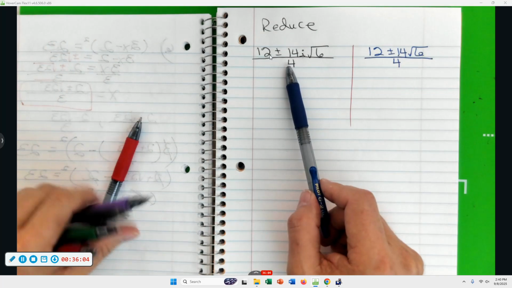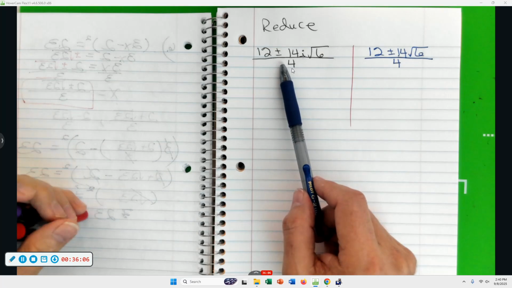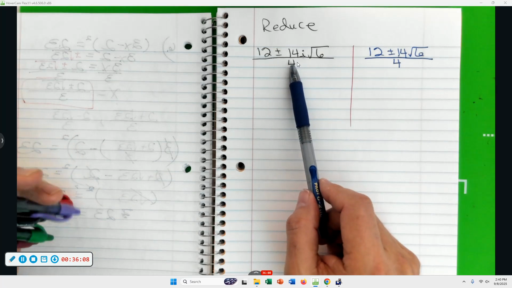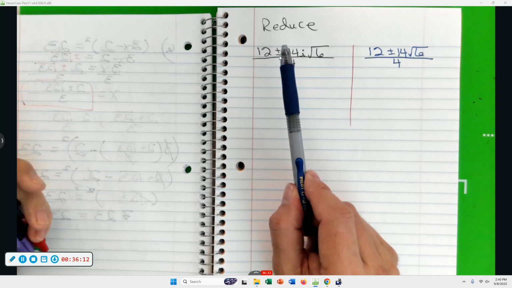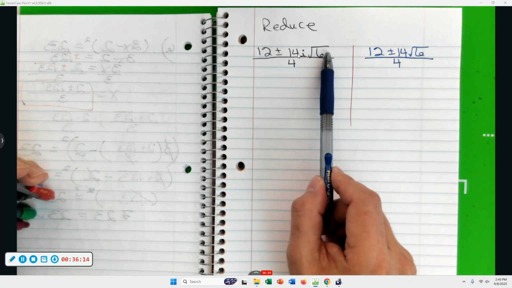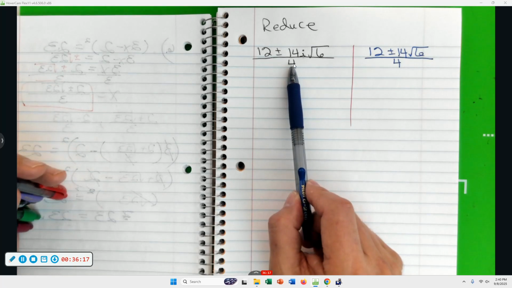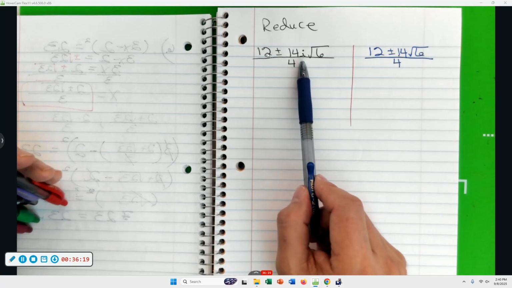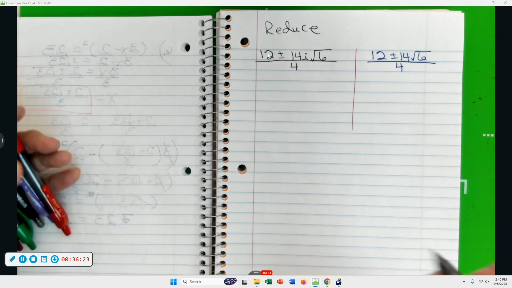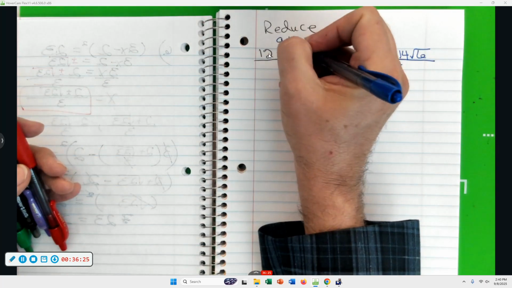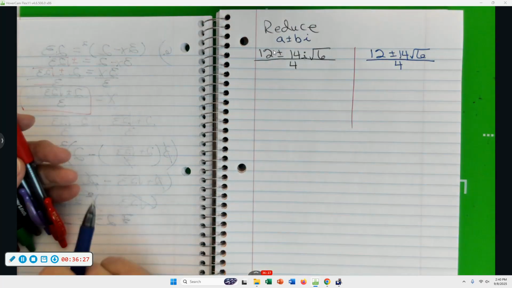I remember looking at this in the second assignment. You'd have a number plus or minus an imaginary number over an integer. If there's an i, they're going to want their answer in the form a plus or minus bi. I remember that standard form for complex numbers.